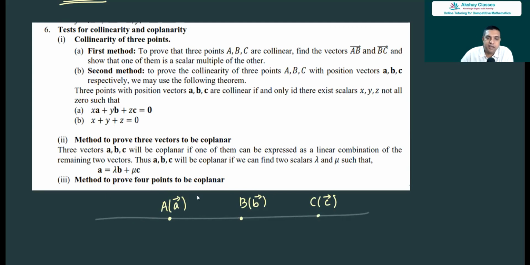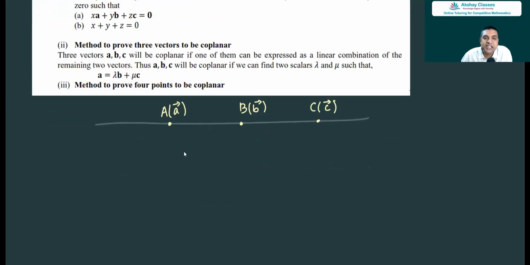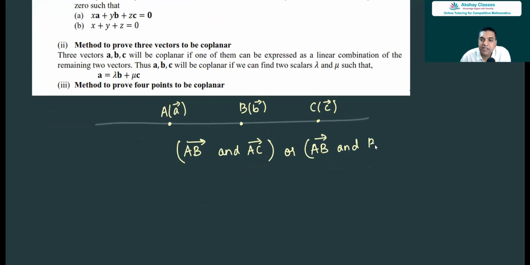Then what happens is AB bar and AC bar, or AB bar and BC bar, are linearly dependent, because they will be parallel vectors, right?